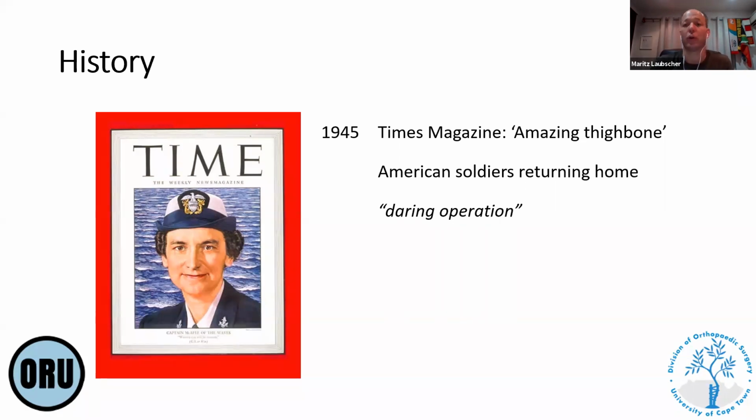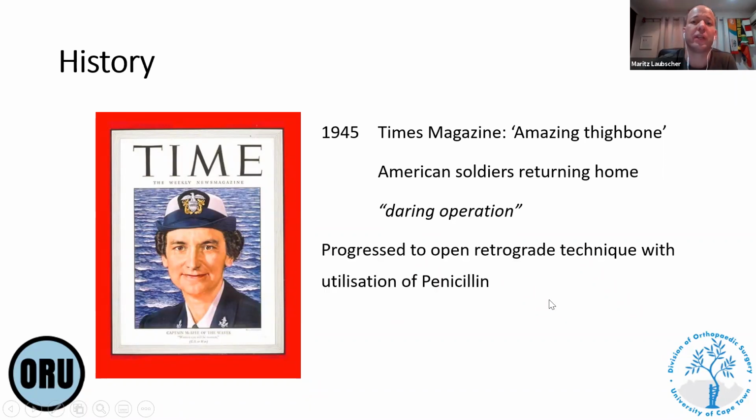He was shot in Europe, and he was treated in Germany, and he came back to America with an intramedullary nail in his femur. And they commented in Time magazine that this was a daring operation, and the American surgeons were amazed at the outcome of the surgery.